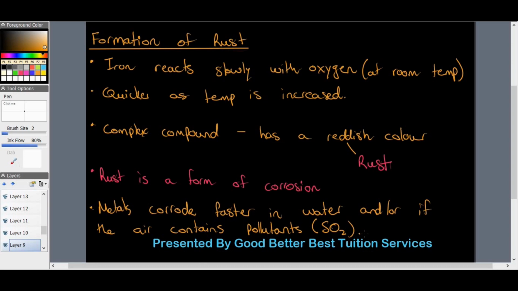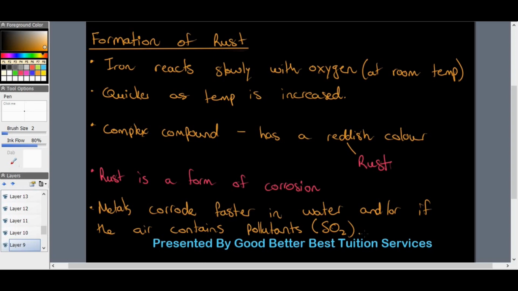Now, rust will form on the surface of iron when it is exposed to air and moisture. Often on a hot day the air is humid, with lots of moisture in it.